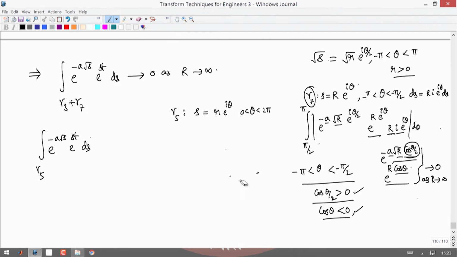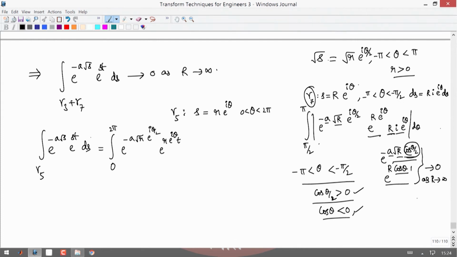Okay. So, let us look at what happens here. The integral over gamma 5 becomes the integral from 0 to 2 pi of e power minus a times root r times e power i theta by 2, times e power r e power i theta times t.